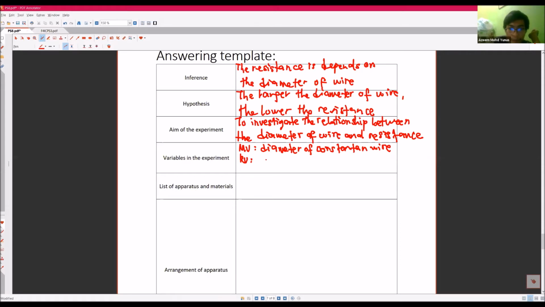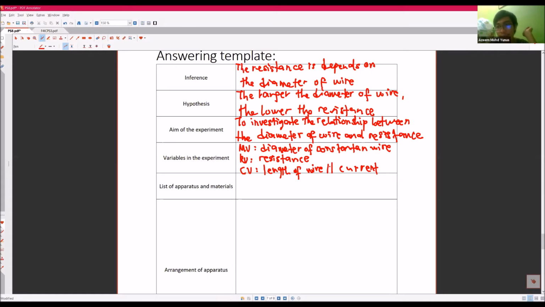RV, resistance. CV, either you want to put length of wire, or this is the most standard one, current. We keep the current constant for all electricity related experiments, especially factors of resistance.